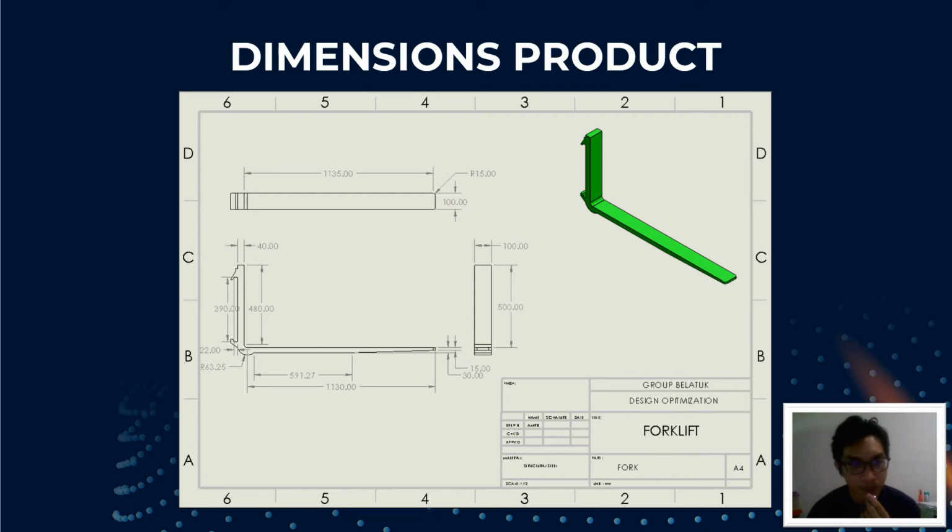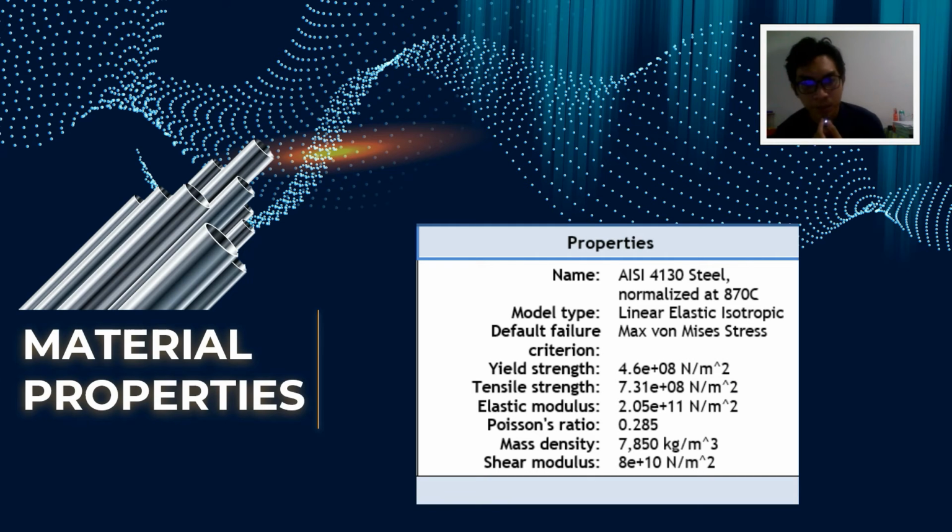So this is the dimension of the product. We take the real dimension of the product to be our design. For the material properties, we selected AISI 4130 steel as our material, which is the material always used by the company to make the forklift.